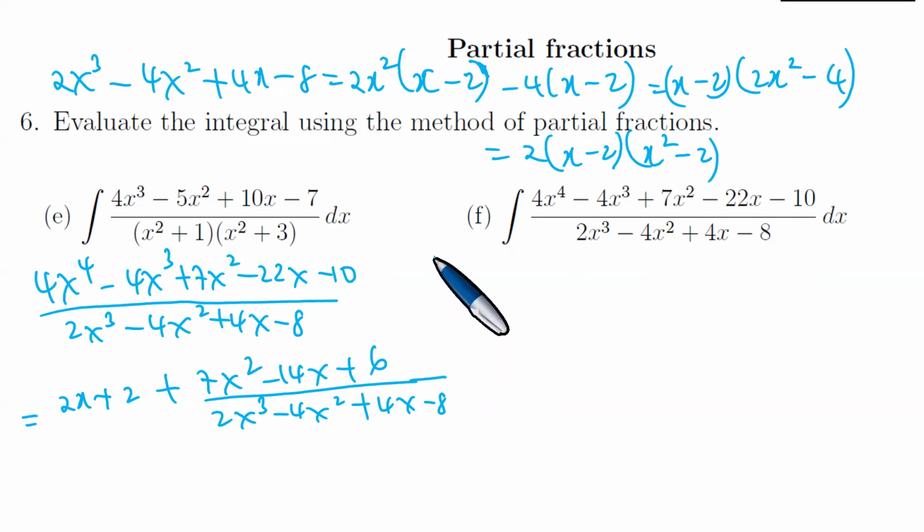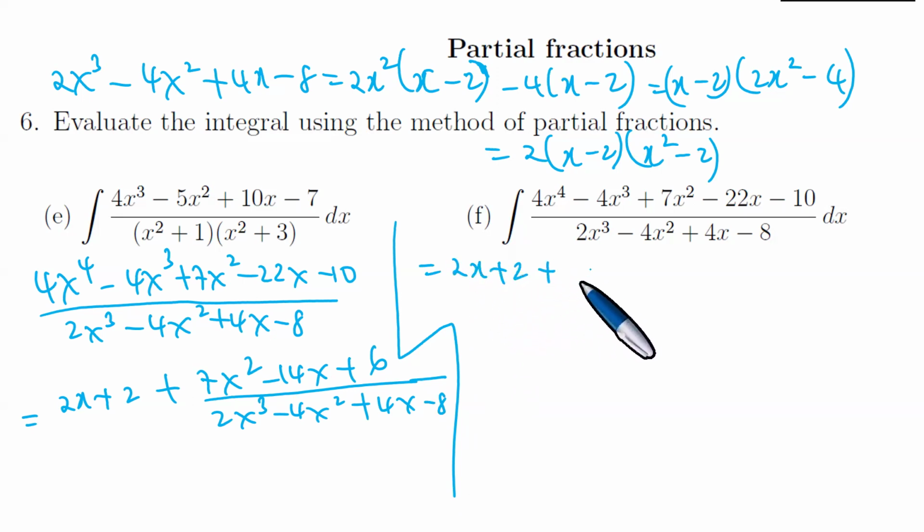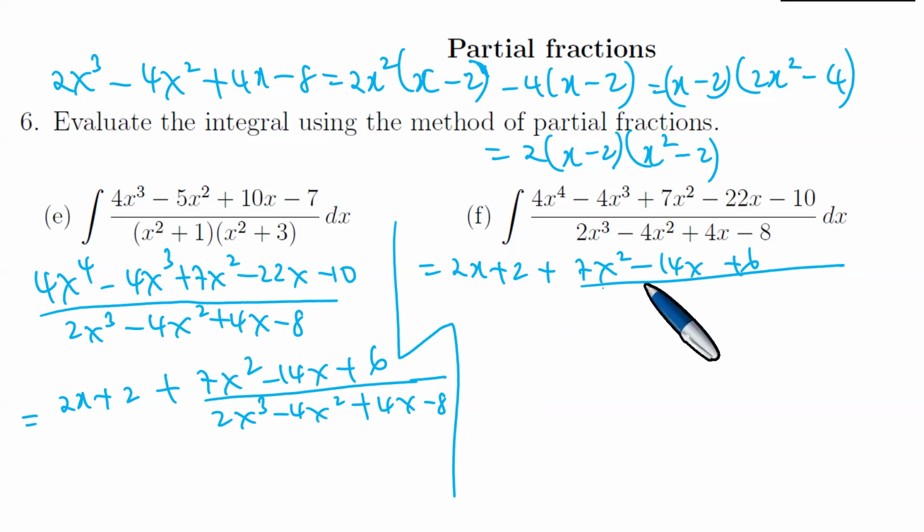In other words, what we're getting here is 2 times x minus 2, then we have 7x squared minus 14x plus 6 over that. Right, and then out of this, you can write x minus the square root of 2, and x plus the square root of 2.